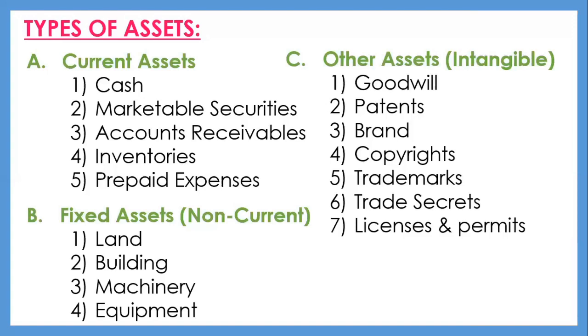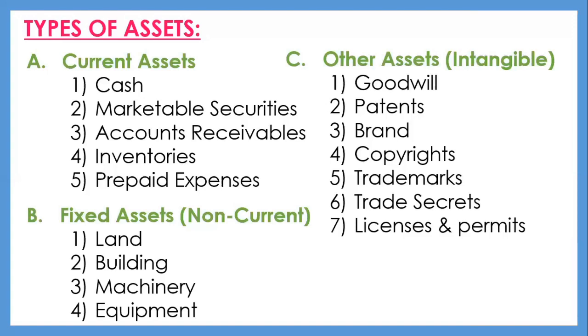On the other hand, we have fixed assets or non-current assets. Fixed assets or non-current assets are the types of assets that are not easily converted into cash. Examples are land, building, machinery, and equipment.